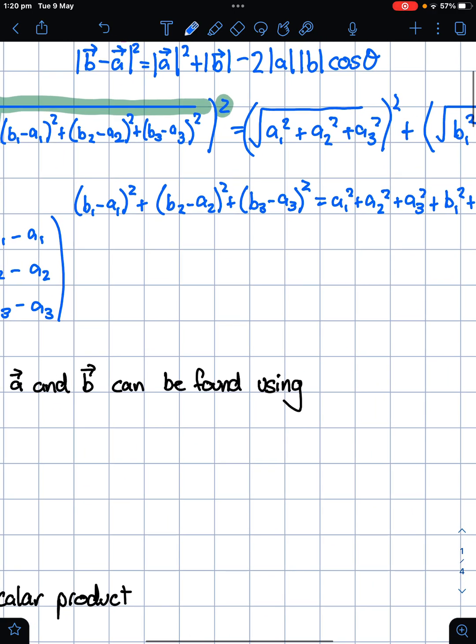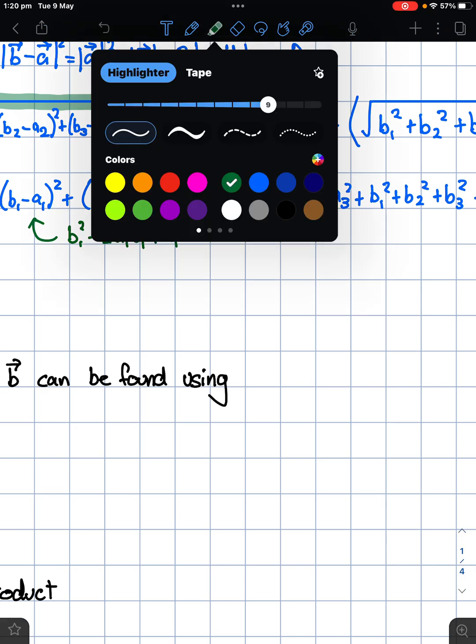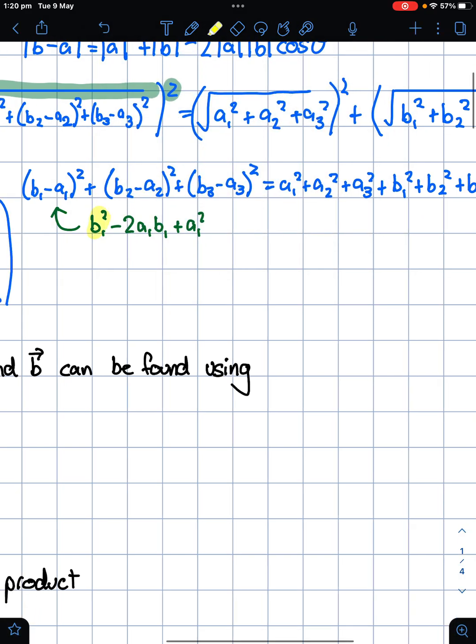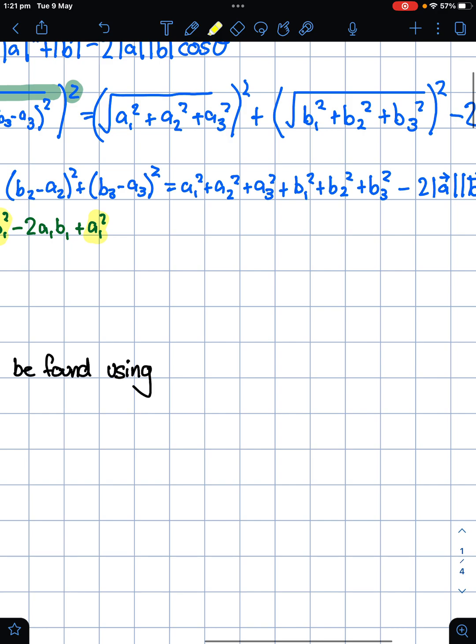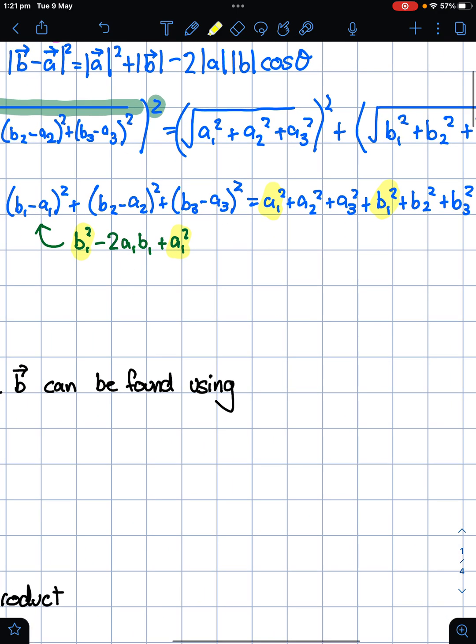Now I'm not going to bother with this because it's going to take too long, but this thing, when I expand it, is going to be b1 squared plus, take 2a1b1, plus a1 squared. Now, you should hopefully notice, if I get the yellow here, this b1 squared and a1 squared is going to cancel when I subtract from these values here.